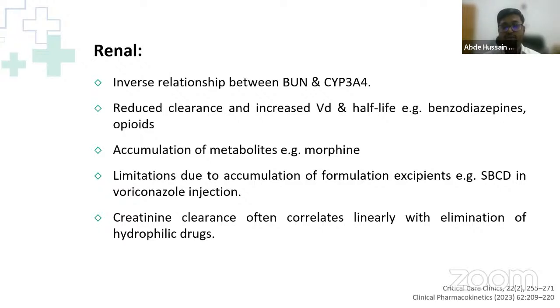There can be accumulation of metabolites such as morphine. Then there are limitations due to accumulation of formulation excipients, such as voriconazole injection containing cyclodextrin. Creatinine clearance often correlates linearly with elimination of hydrophilic drugs, but obviously there are certain lipophilic drugs that are also renally cleared.